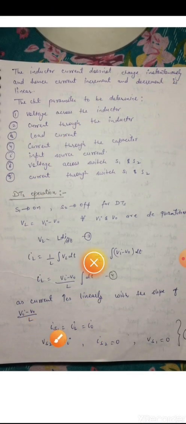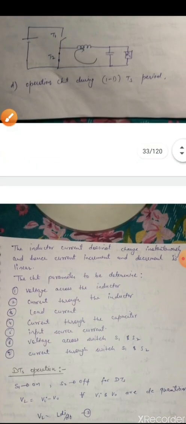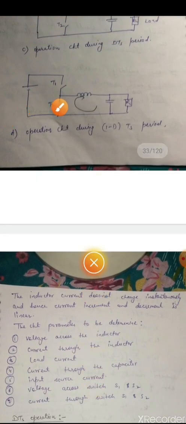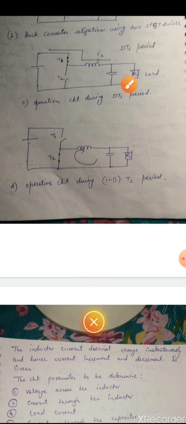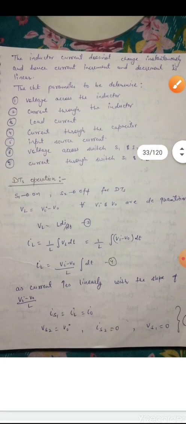The current flowing through switch S1 is IL, equal to I naught, and the voltage VS2 is equal to Vi. You can see that switch S2 is open and this is closed, so VS1 will be 0, and VS2 in this loop is equal to Vi.